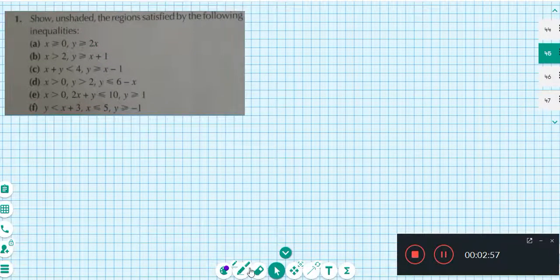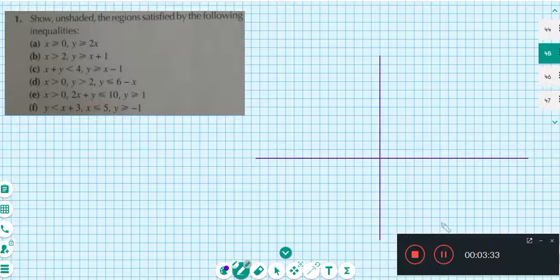First of all we have to make a Cartesian plane, the x-axis y-axis plane, the xy plane. So I'm doing it here. This is the y-axis and this one is the x-axis.